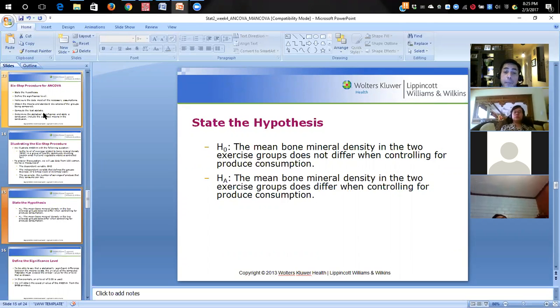And the alternative hypothesis is that the mean bone mineral density in the 2 exercise groups does differ when controlling for produce consumption. And sometimes it's just very easy that when you reject the null hypothesis, then for your conclusion, just state the alternative hypothesis. That's easy so that you don't make a mistake. That's my advice to you when you put your conclusion: what's your alternative hypothesis?